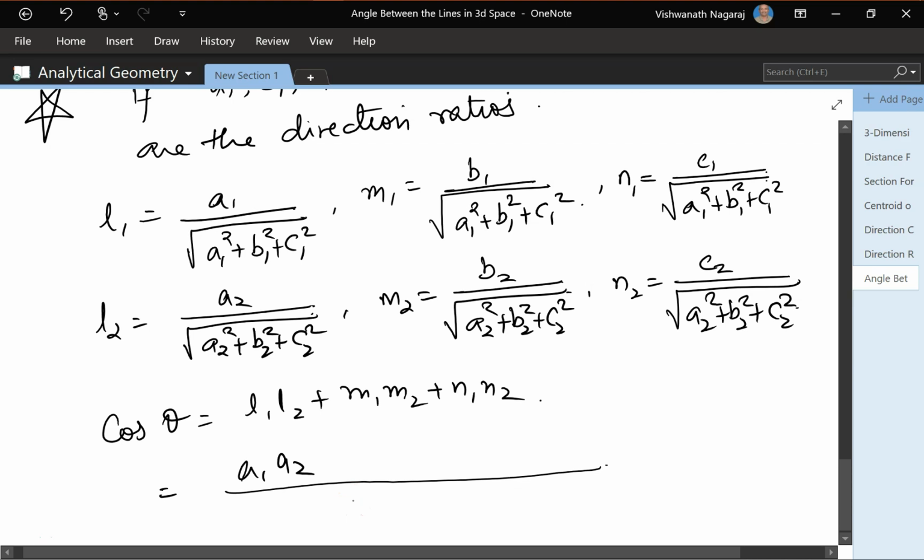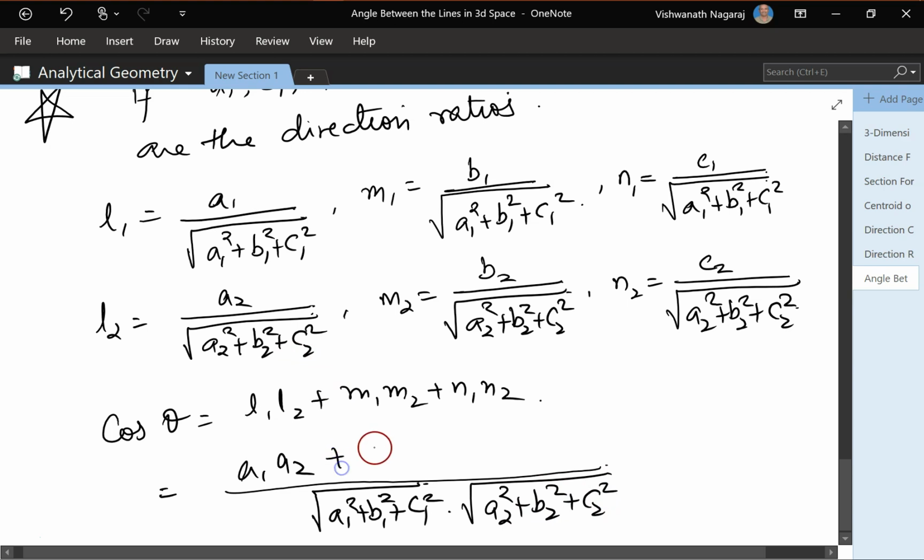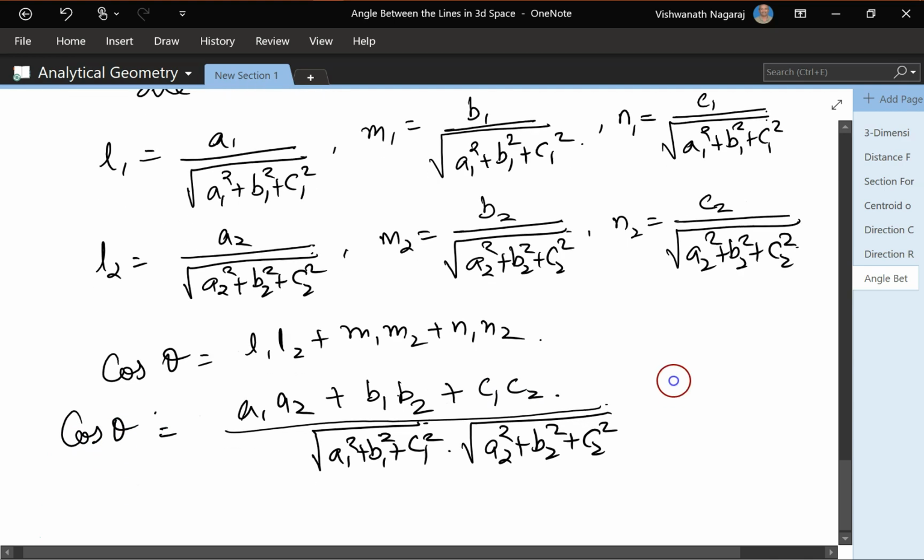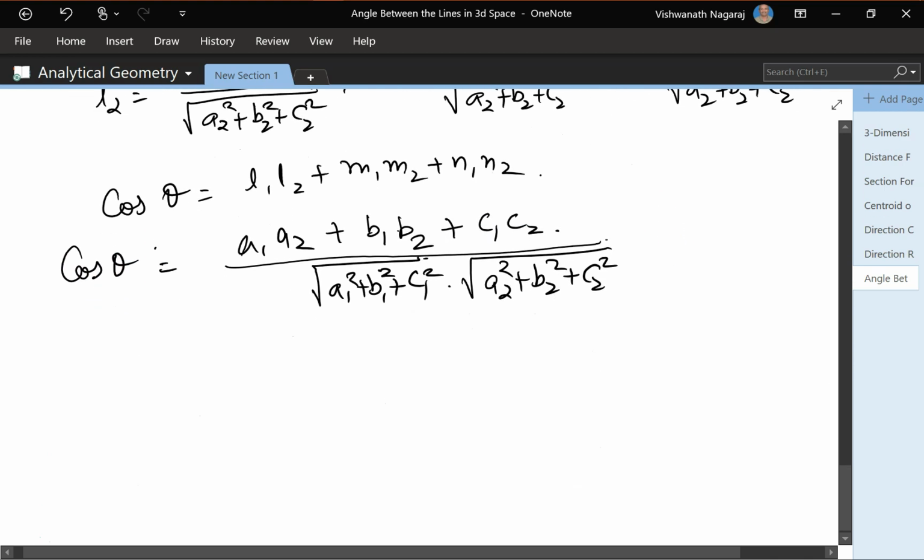When we add it, we have to take the LCM, and since they are all same, LCM will be same. So the denominator is square root of A1 square plus B1 square plus C1 square times square root of A2 square plus B2 square plus C2 square, and the numerator is A1 A2 plus B1 B2 plus C1 C2. That's the expression for finding cos theta in terms of direction ratios.